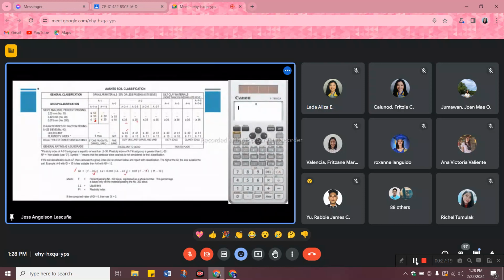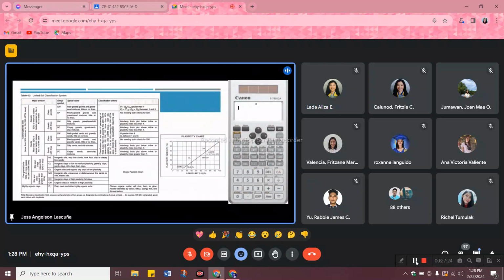So another aside from AASHTO, we also have this one, the Unified Soil Classification System. Kani siya guys, taas kay di ba? Pero no need na niya yung formula, no need na sila yung table actually. Pwede din mo siyang ma-solve.